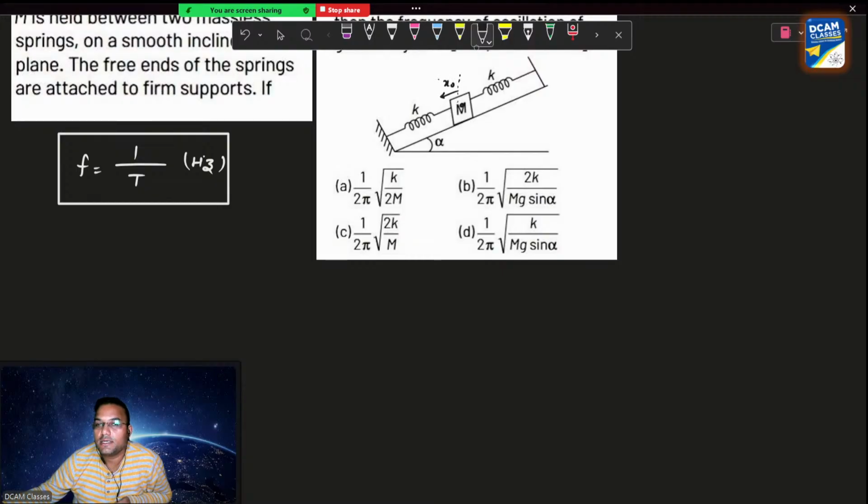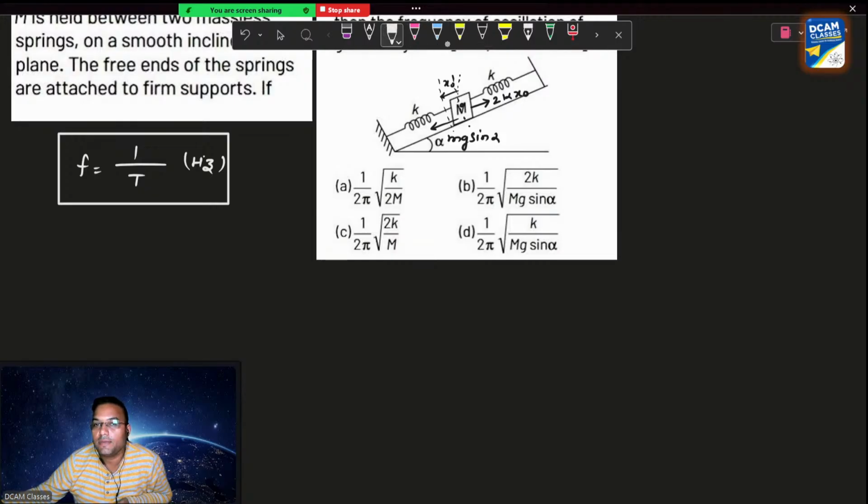If this is the equilibrium position, displaced by x naught, then you are correct actually. mg sin alpha will be acting downwards. For this to balance, there will be a force 2kx naught equating it.